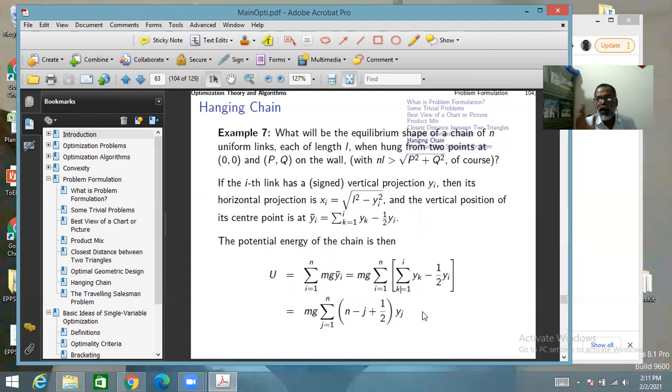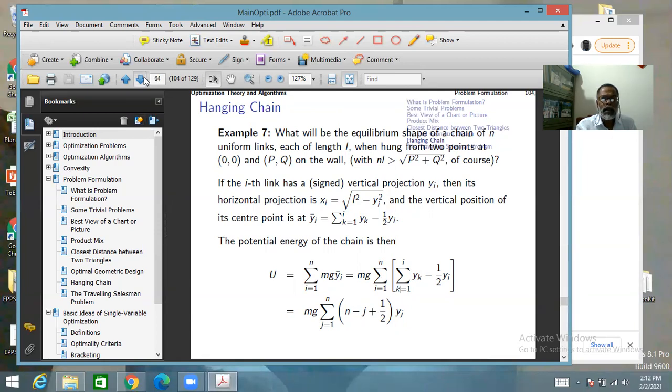Y2 will come in all but the first two plus half y2 in itself, and so on. Okay, so like that you can just go a little inside it and find out that this double summation comes as a single sum like this. Okay, this is the total potential energy which you want to minimize.